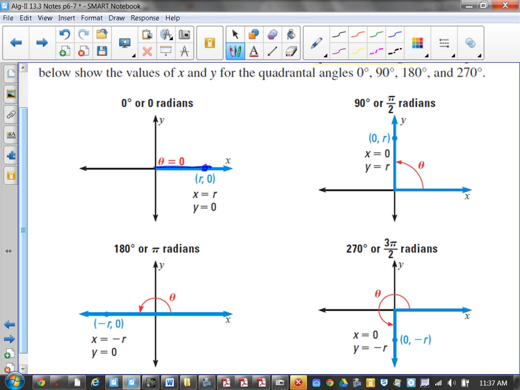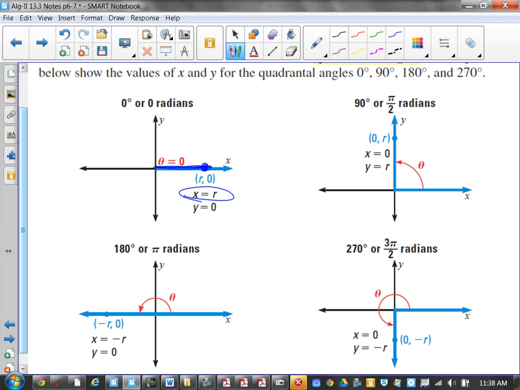If theta is equal to 0, your ordered pair is on the x-axis. When you're on the x-axis, your x value equals r. It doesn't matter what r is, because it's always going to be constant between that and x.